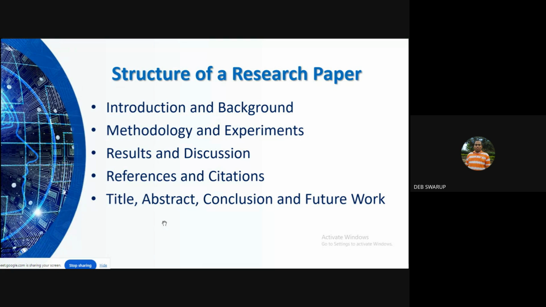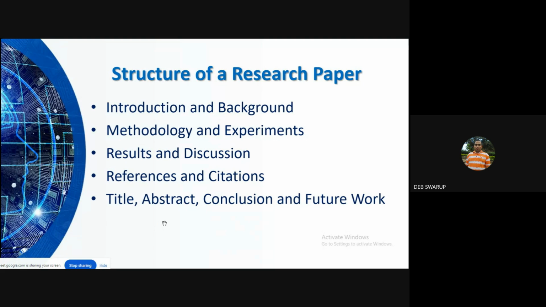Now this particular slide is important. It shows the structure of a research paper. Some might say, sir, the writing method of this slide is wrong because you are writing title and abstract towards the bottom, and along with it you have mentioned conclusion and future.